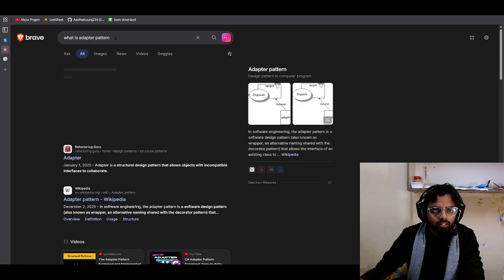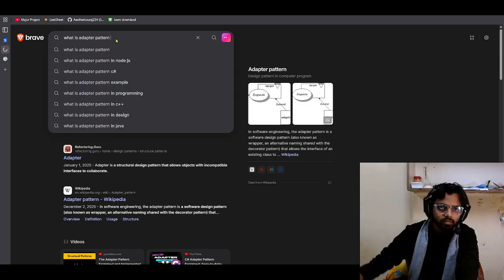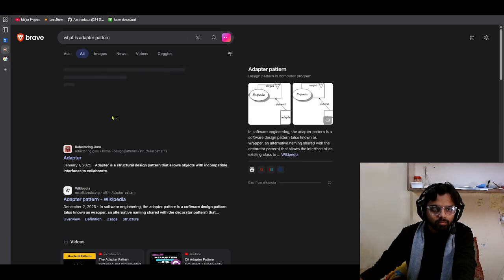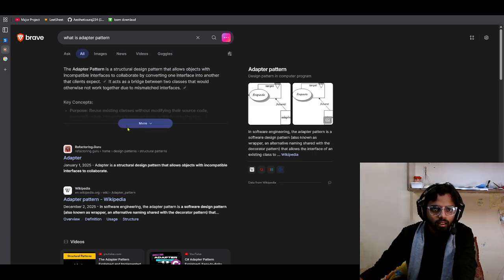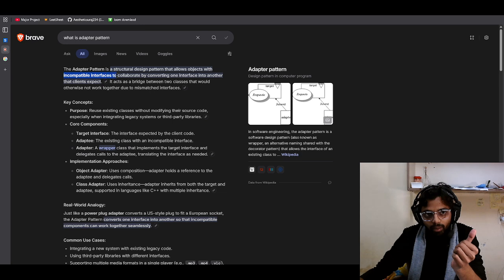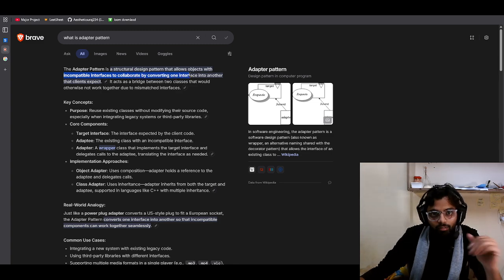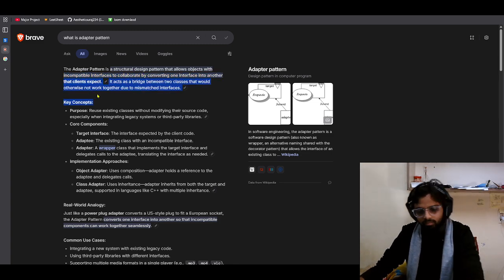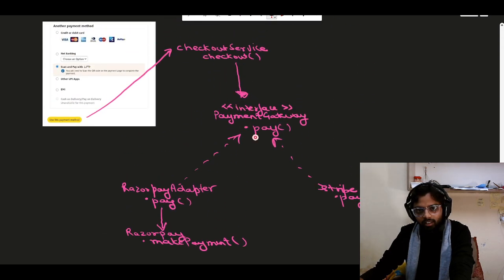The adapter pattern is a structural design pattern that allows objects with incompatible interfaces to collaborate by converting one interface into another that the client expects. This is what we have done here.